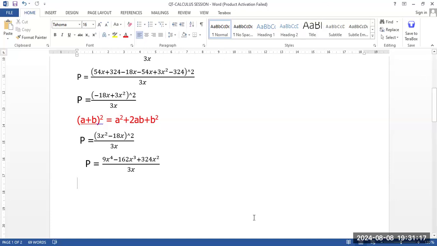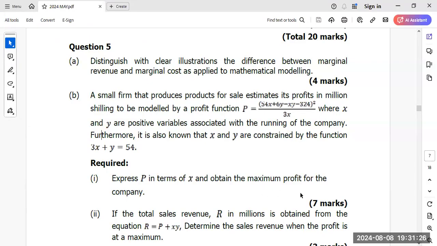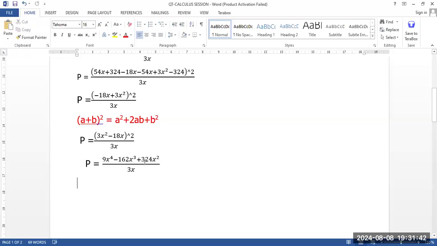So next part, they are telling us that after expressing your P in terms of x, you obtain the maximum profit for the company. But how do you obtain the maximum profit for the company? Remember, P stands for profit. So we have our profit function.